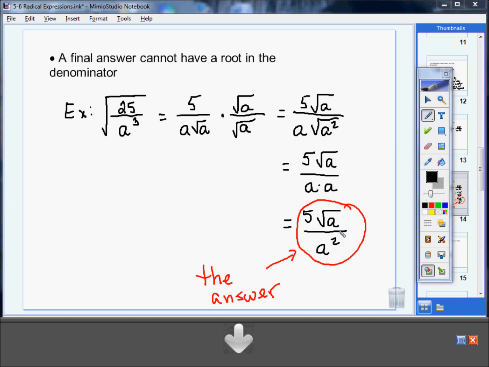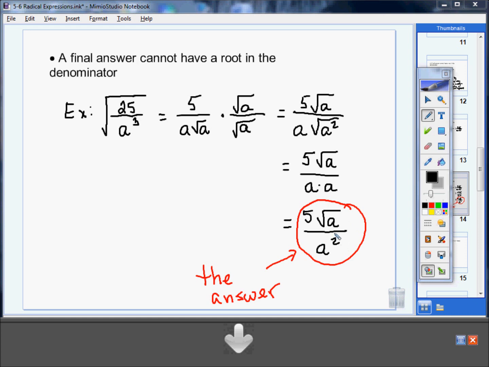But even so, you're not allowed to have a radical in the denominator or a fraction exponent. So even though you might subtract the exponents, it still wouldn't be considered simplified. So you can't cancel them because they don't have the same power. Square root is different than the squared.